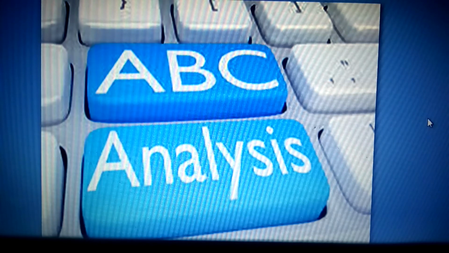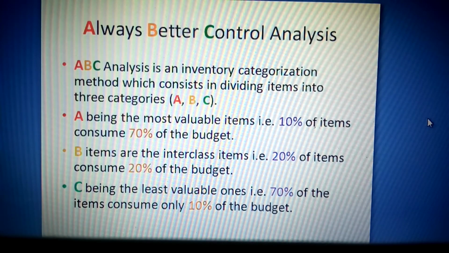So what is ABC analysis? ABC analysis is always better control analysis. So ABC analysis is an inventory categorization method which consists in dividing items into 3 different categories: A, B and C categories.